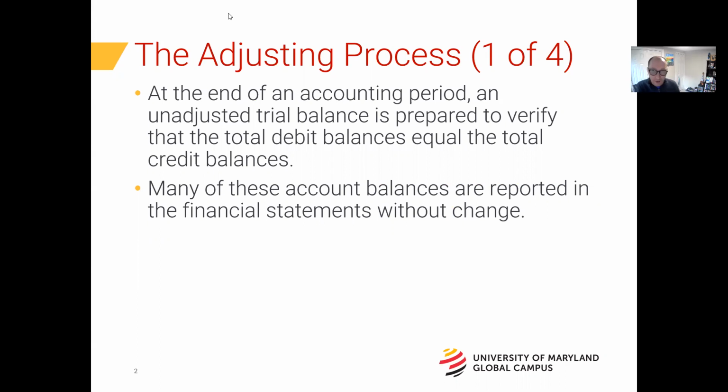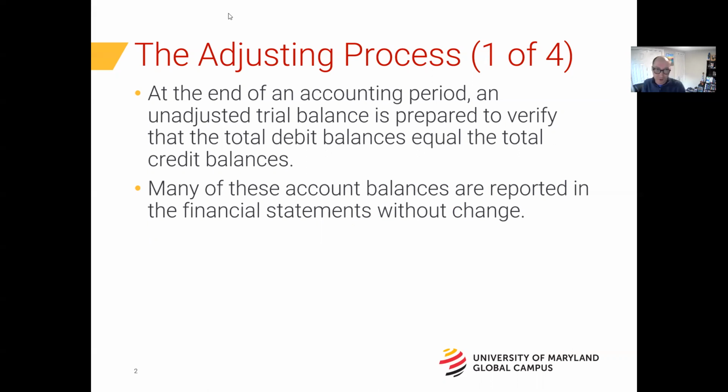At the end of every accounting period, which could be a month, quarter, or half a year, we go through the adjusting process. We typically do this at the end of every month, just to give you an idea of how it works in practice.